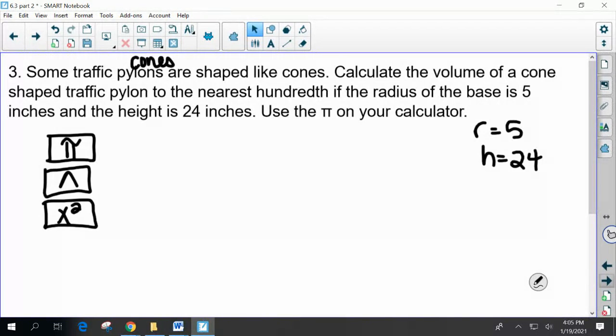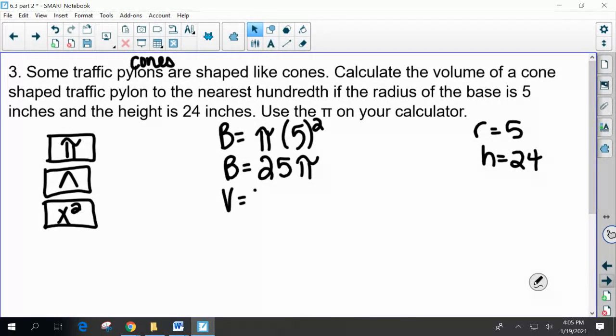So to calculate the area of the base, I'm going to use pi times the radius squared. Here's what I'm going to do that's different. Instead of calculating out pi, I'm just going to calculate 5 squared. So that's 25. And then I'm going to put pi beside it, and I'm not going to use that button just yet. Then for my volume, I need to take 1/3 times capital B, which is 25 pi, times the height, which is 24.